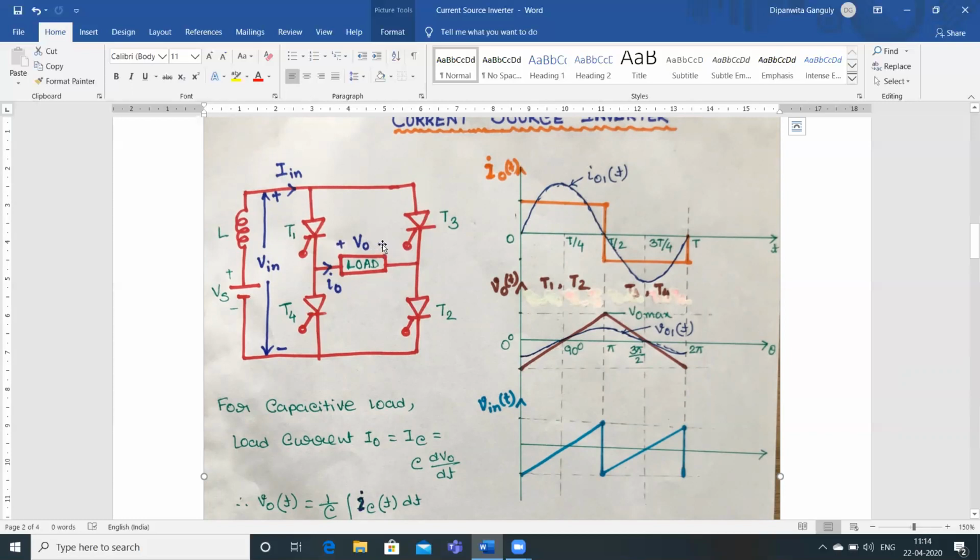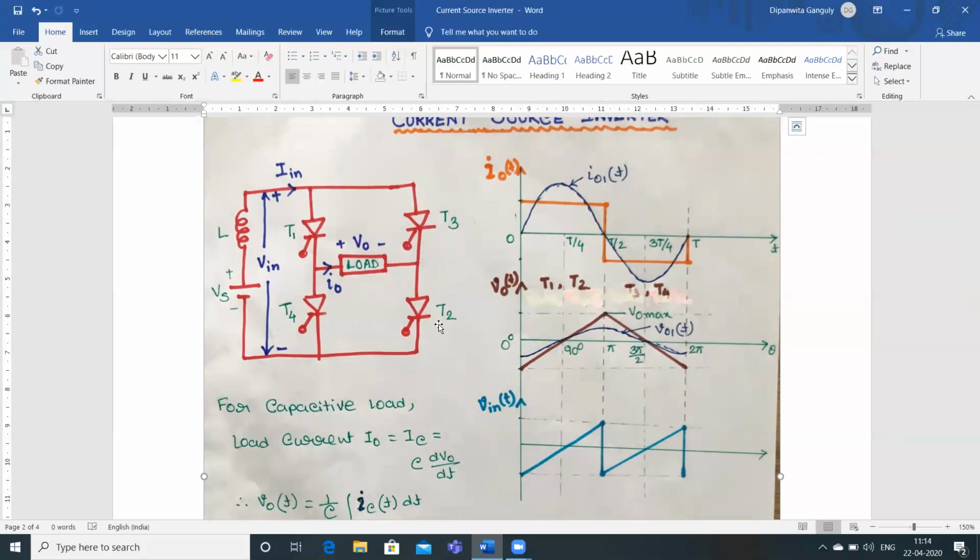Similarly, minus is coming across the anode terminal of T2 and plus is coming across the cathode terminal of T2. Initially T1, T2 are on and T3, T4 are gated during this portion. So automatically T1 and T2 get reverse voltage, and natural commutation or load commutation is possible in this case. You need not connect an additional commutation circuit to turn off the thyristor pair.